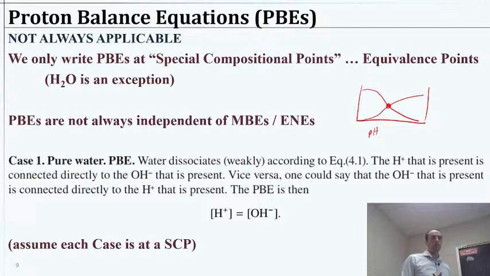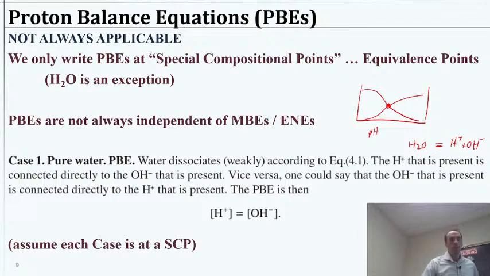Okay, so the case of pure water, it's pretty obvious. Water dissociates. That's equation 4.1 apparently. So H2O dissociates into H plus and OH minus. Not a whole lot, but we'll get some of each. And then at that point, we know that in some sense, the formation of H plus is the cause of the formation of OH minus, and vice versa.